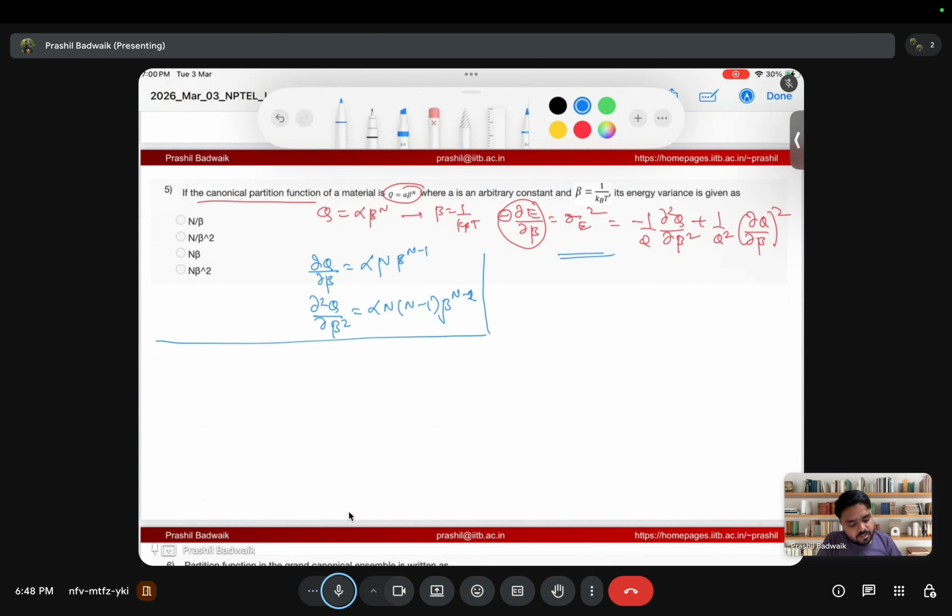Sigma square is then equal to minus 1 upon q. So q is what?